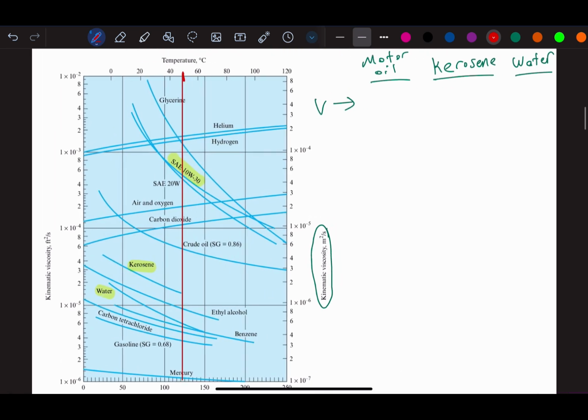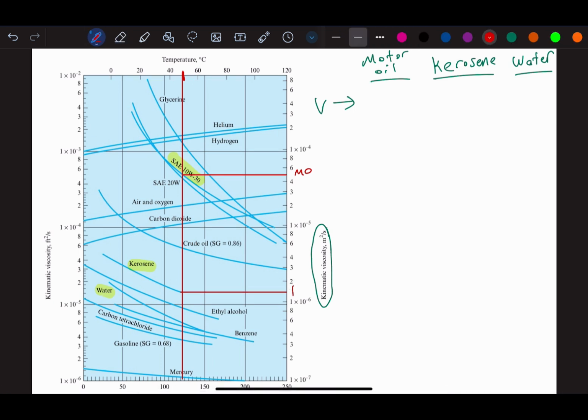And then we have motor oil, and we need to find the intersect of this line and the curve of each material. So we have motor oil here. For kerosene, we can take this line. And we have water, which is almost here.